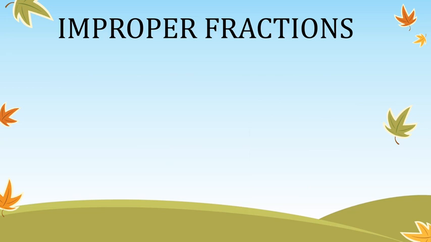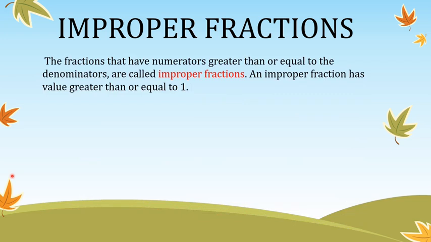So what is an improper fraction then? We just learned that a proper fraction is a fraction where the numerator is smaller than the denominator. Then what is an improper fraction? The fractions that have numerators greater than or equal to denominators are called improper fractions.